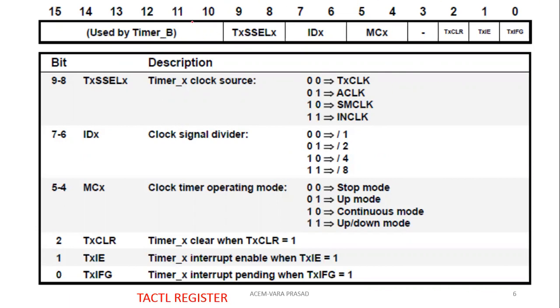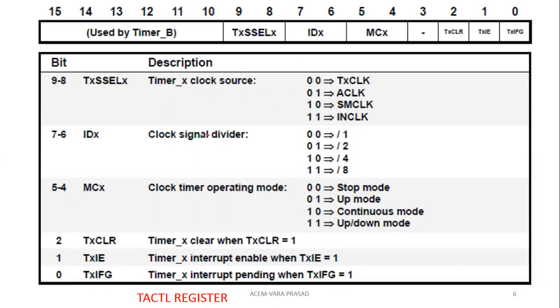Here bits 10 to 15 are reserved for Timer B. Then the 8th and 9th bits are used for the timer clock source selection, because the clock sources are Timer A clock, SM clock, and inverted clock. The next one, ID, means input divider. Two bits are used for the input divider, the sixth and seventh bits.